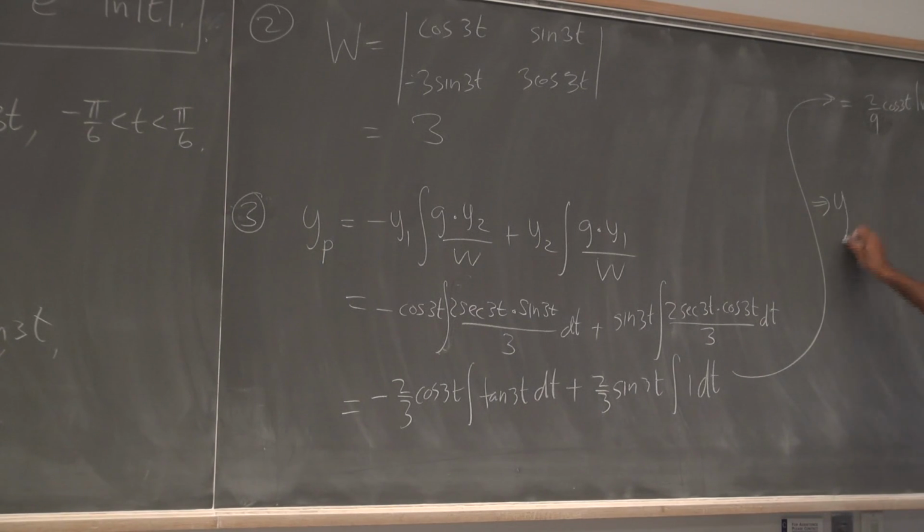This means your general solution is c1 cosine 3t plus c2 sine 3t plus 2/9 cosine 3t ln cosine 3t plus 2/3 t sine 3t.